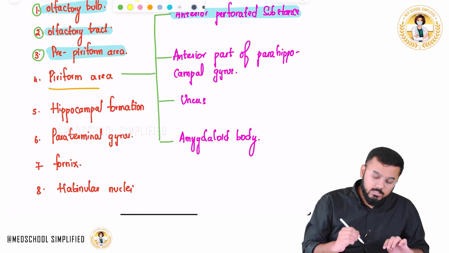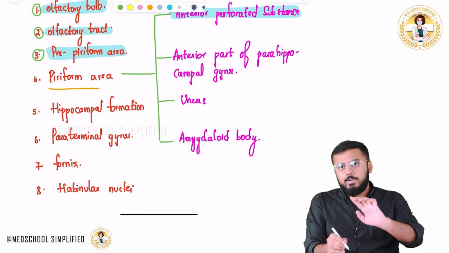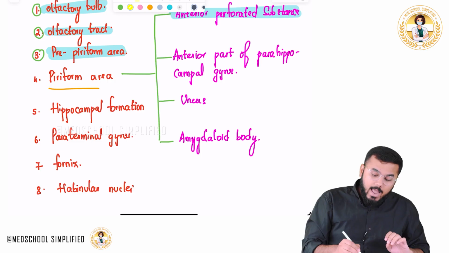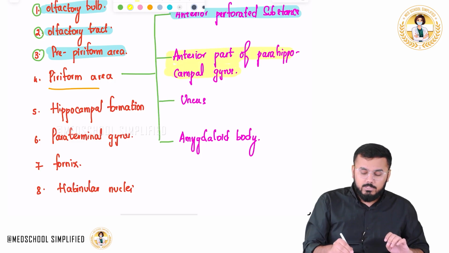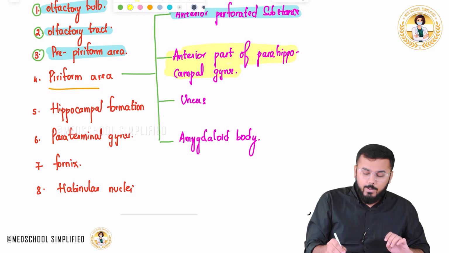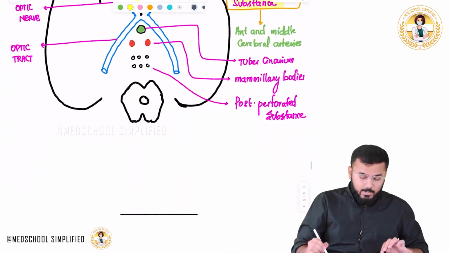Now let us come to the second important thing: the anterior part of the parahippocampal gyrus. Where is it?